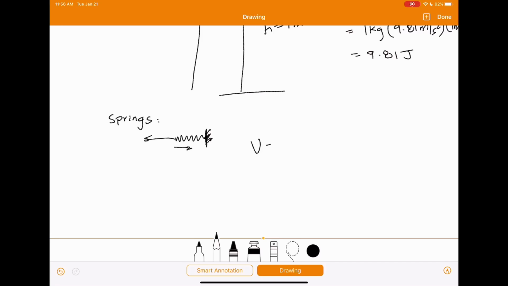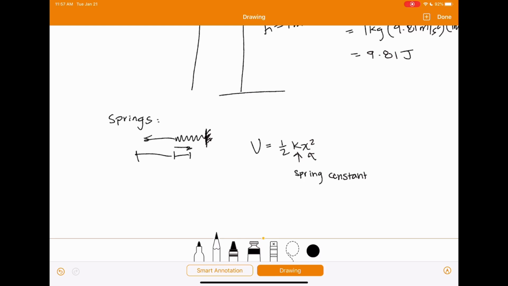So the potential energy of a spring is going to be 1/2 kx squared, where k is your spring constant, and x is your distance that you compressed it, or your distance that you stretched it. So just that distance from the neutral position that your spring is at.